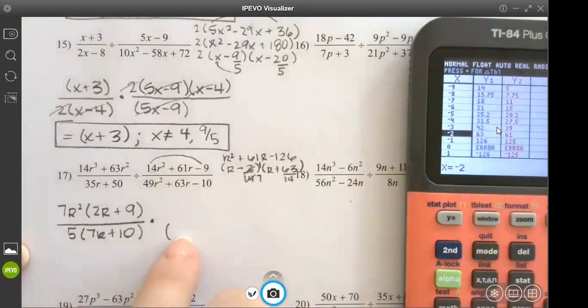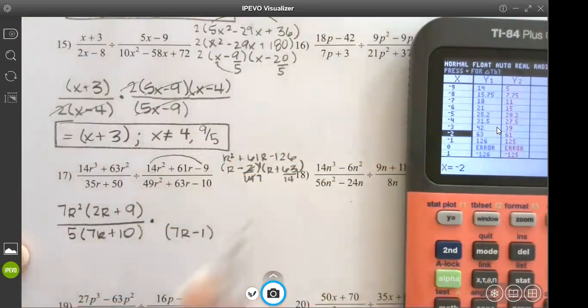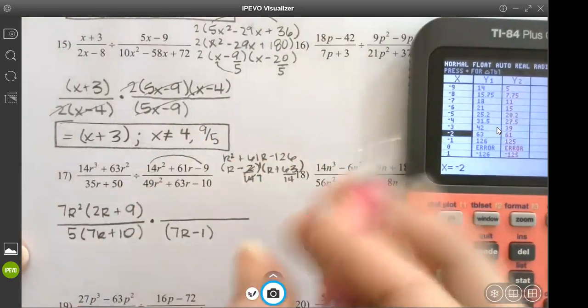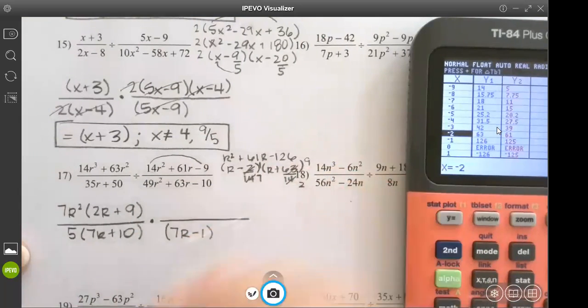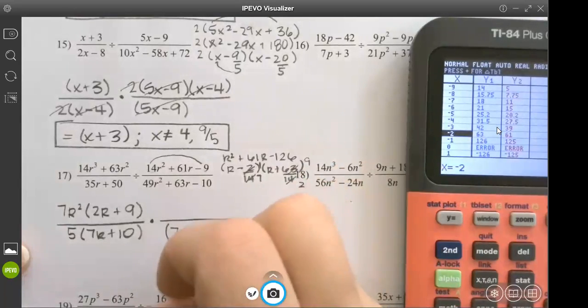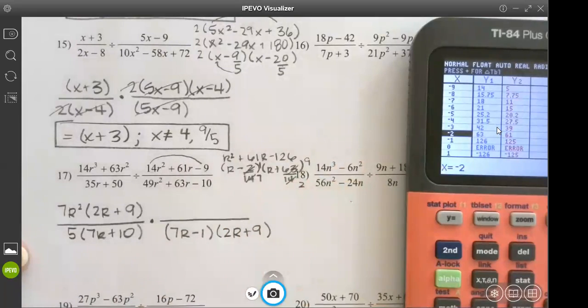And remember, we're switching this to the bottom. So we get 7r minus 1. The other one, 63, will be 9, and 14 is 2 when we divide it by 7. And we slide that 2 to the front, so 2r plus 9.